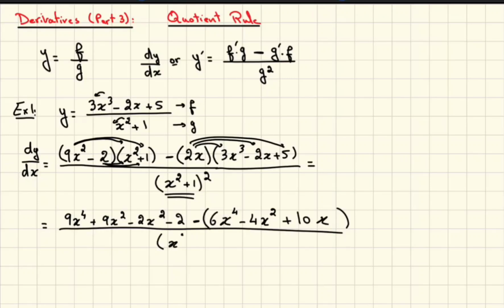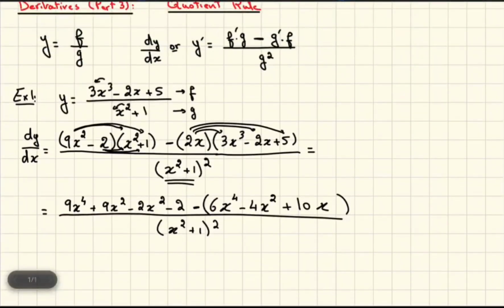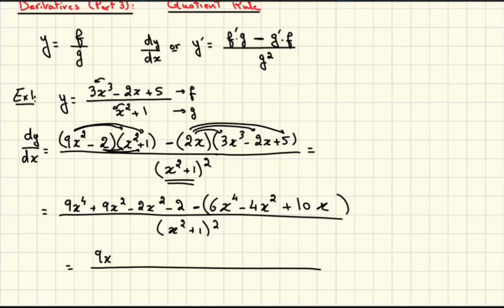The one down stays the same, as I said, and we continue. I will write 9x exponent 4. Now if you notice anything that you can simplify, do it. So 9x squared minus 2x squared will be plus 7x squared. These are similar terms. The minus 2 stays, and then we need to swap the signs inside.